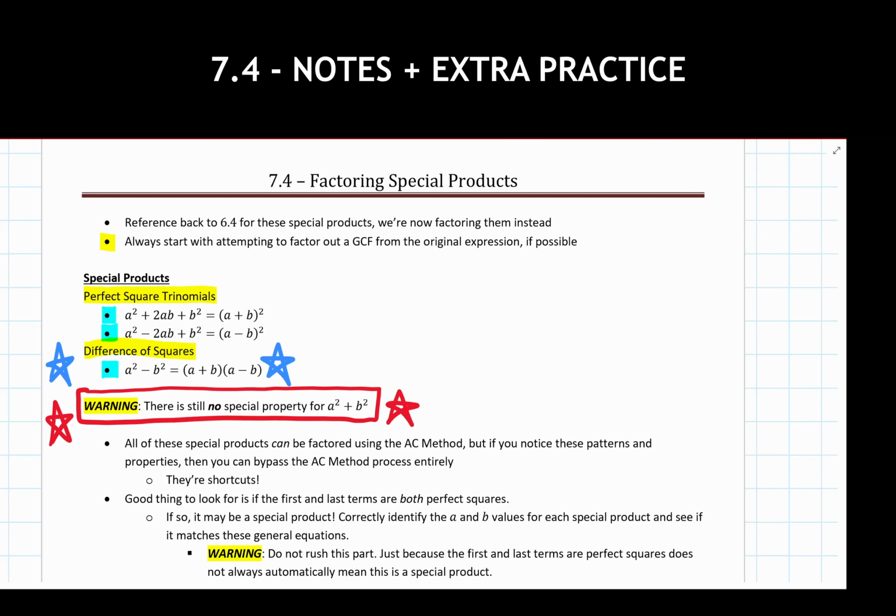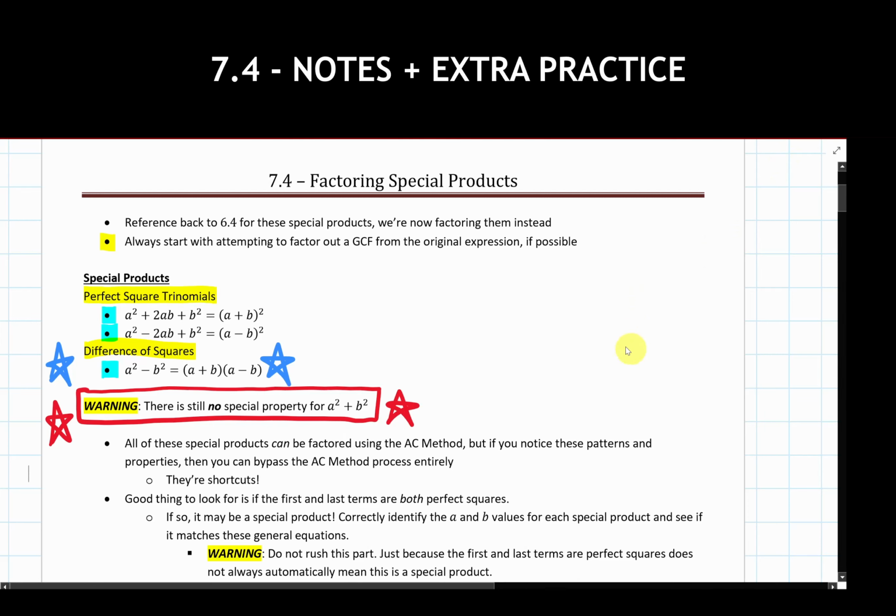There is absolutely no special product that exists for anything written in the form a squared plus b squared. There's no special trick. There's no gotcha moment that could be showing up on a test for it. It simply doesn't exist. There's no shortcut that automatically exists with that.